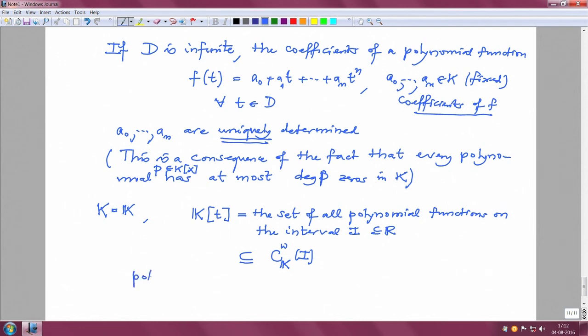So this inclusion simply means polynomial functions are analytic functions. And here also there is a proper inclusion, because you would have seen exponential functions are analytic functions, but exponential functions are not polynomial functions. So that is the reason this inclusion is proper.